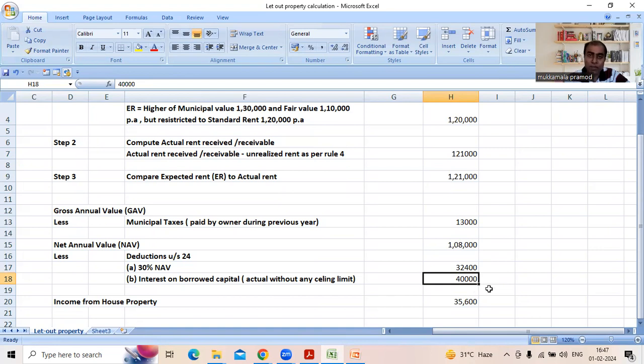Unlike in the case of self-occupied properties, because it is a let-out property, there is no ceiling limit. So whatever is the interest paid for the home loan can be considered for deduction. So the deduction comes to subtracting 32,400 plus 40,000 out of 1,08,000, which gives us 35,600. That is the income from the property.